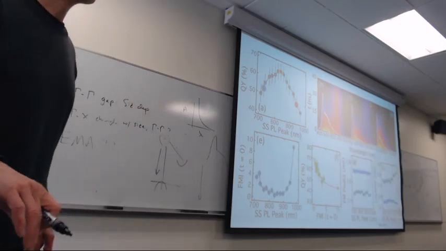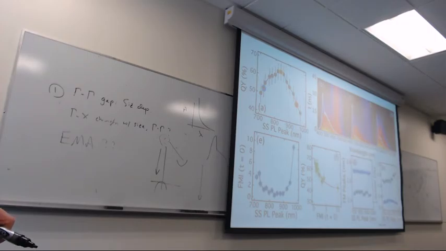So you're saying that in this intermediate range between truly small nanoparticles and bulk, there is a violation of momentum conservation. There are optical transitions with change of momentum.